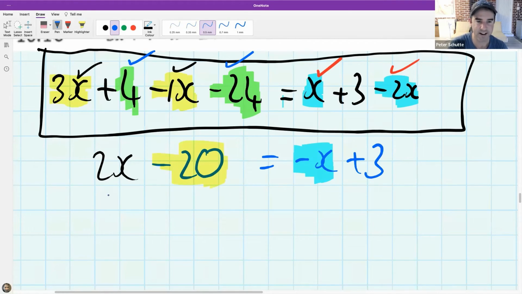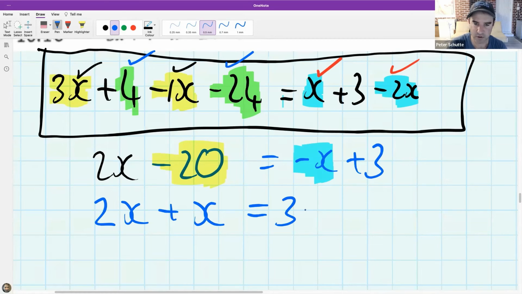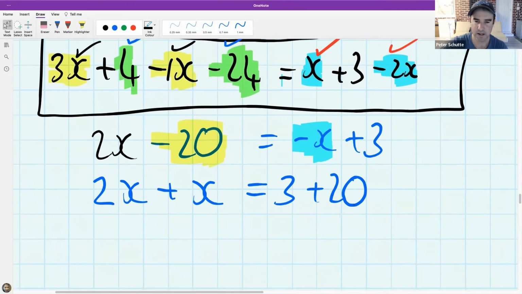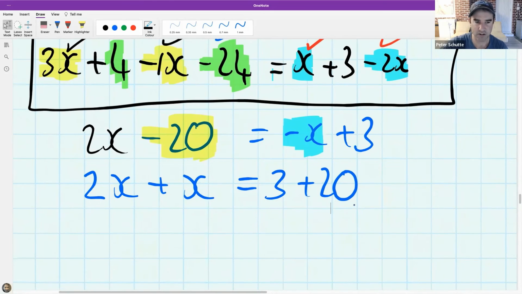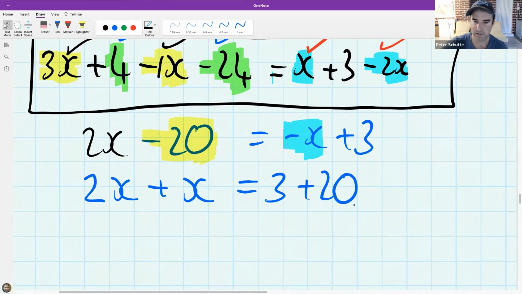But the effect of that is you get the 2x. And then if you add x to both sides, you get a plus x on this side, and no x is on this side. And if you add 20 to both sides, the 3 was there already, and then there's no 20 on this side, but there is going to be a plus 20. Now see if you can get to the final answer from that point onwards.